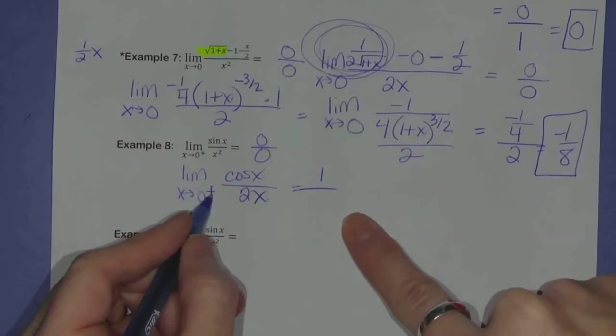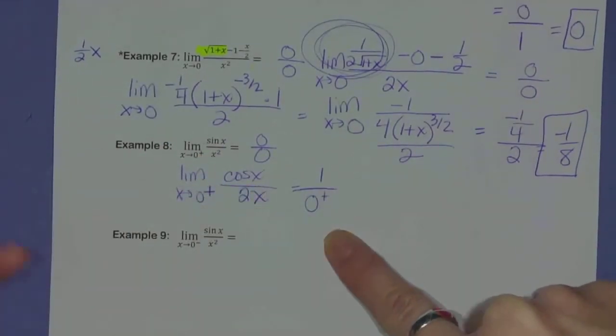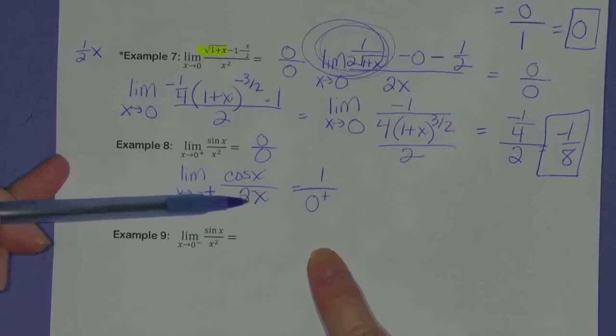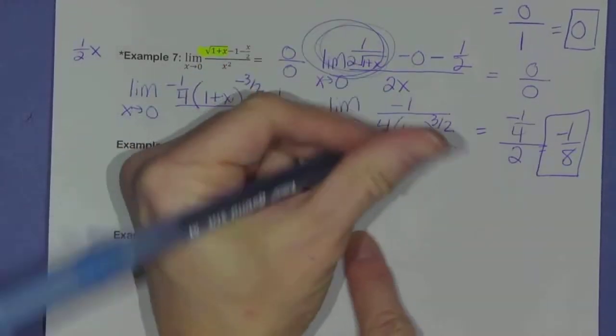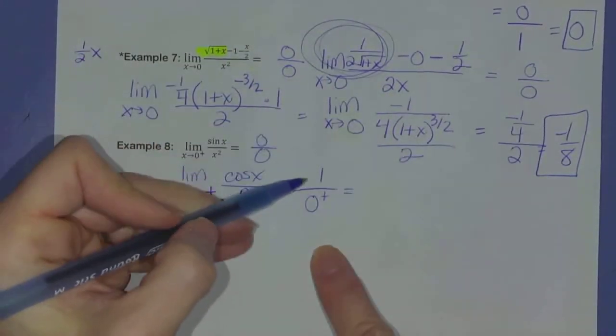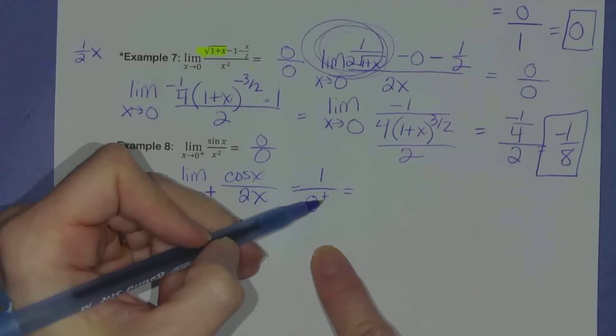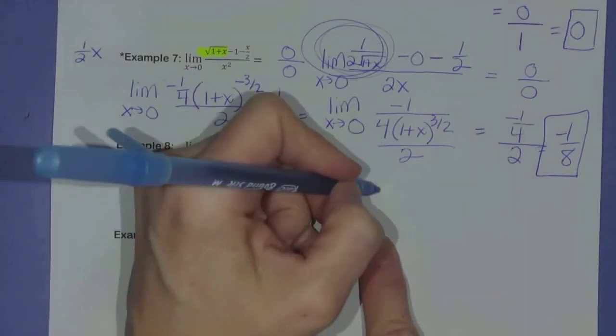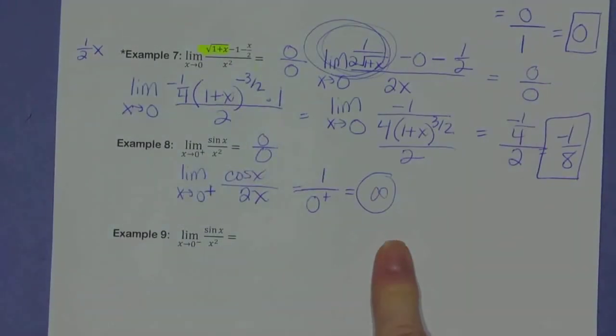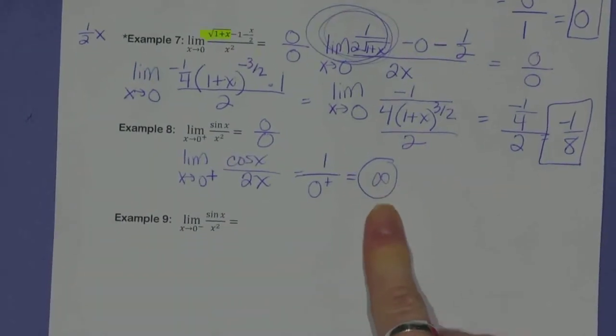But it would be just a little more than 0 because the number that we're plugging in is just slightly to the right of 0. And we learned in the first unit that 1 over numbers very, very small, but just to the right of 0, approach infinity. So that's going to be my answer for example 8.